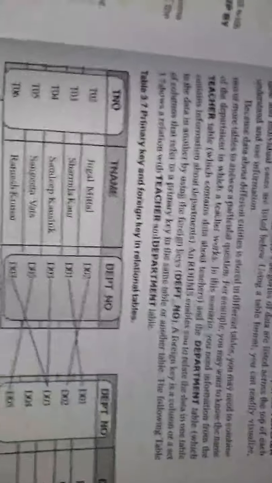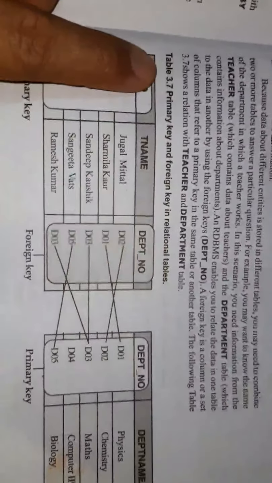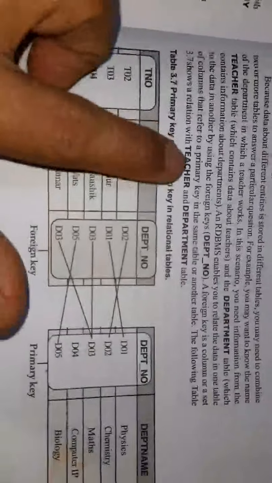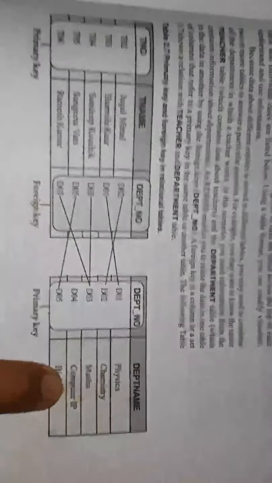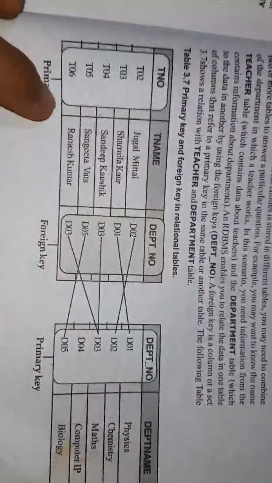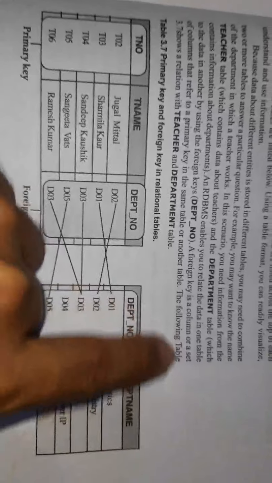Now based on that, if you see this table, this is a teacher table with teacher number and teacher name, and a department table with department number and department. Initially when the teacher table is created, it will have the teacher number and teacher name, until this department table is created.